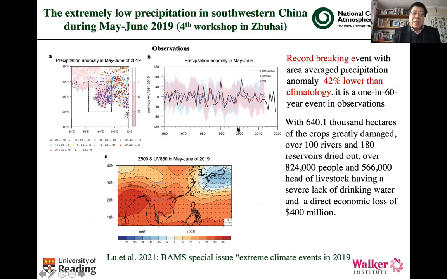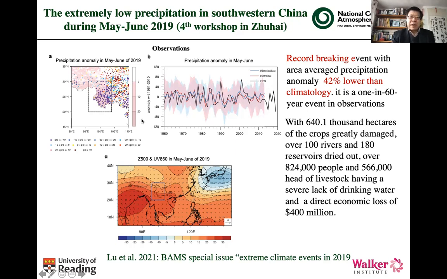And here is another extreme precipitation event, also analyzed during last year's workshop: the spring Southwest China low precipitation event. This highlights the region, and here is a time series of spring precipitation in observation and in model simulations. Once again, you can see the model simulation captures the interannual variability of observed precipitation quite well.